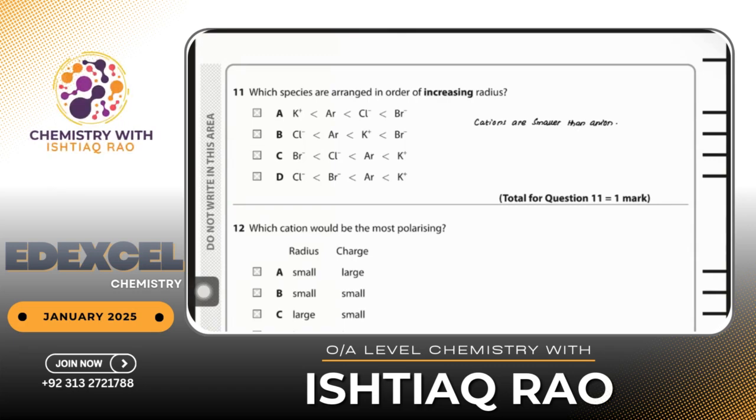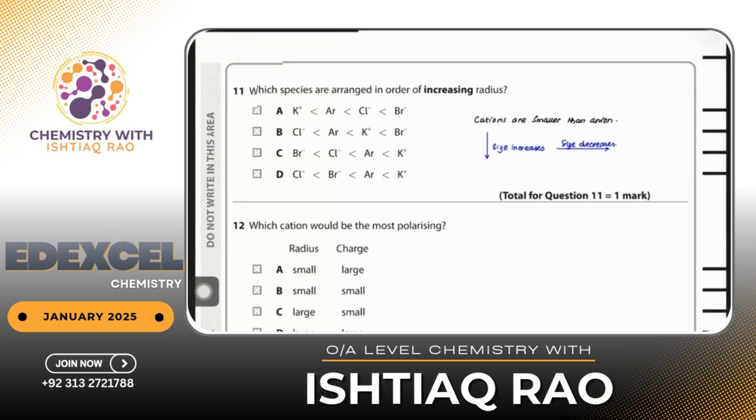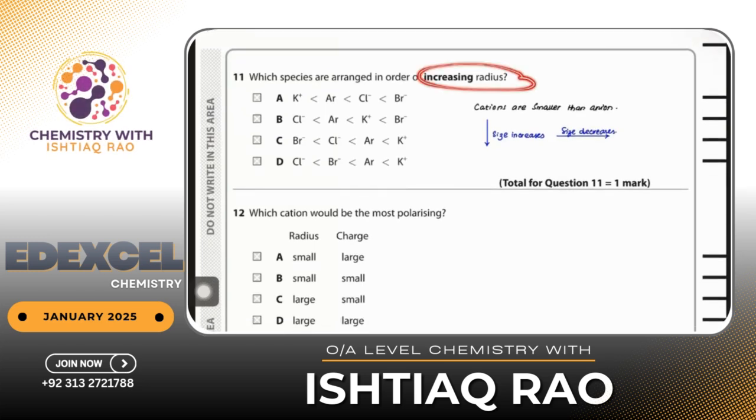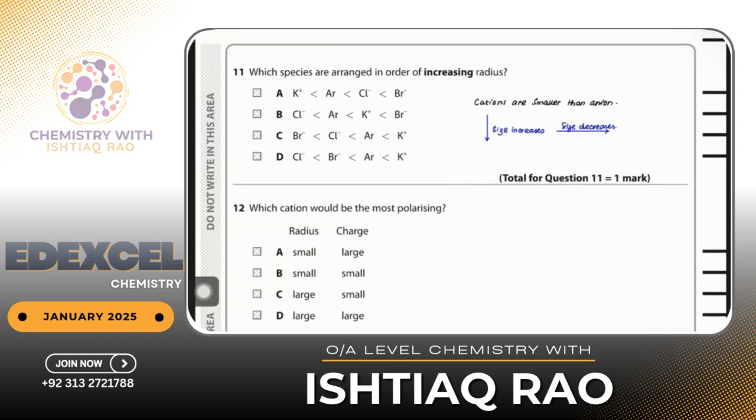Down the group, size increases. Across the period, size decreases. Okay. So, increasing order, increasing radius. So it should be in order of increasing radius, right?